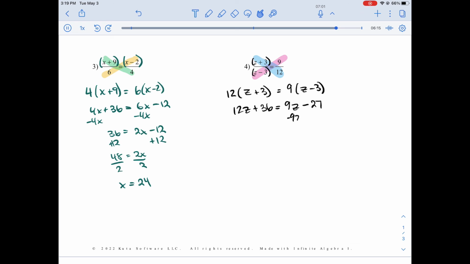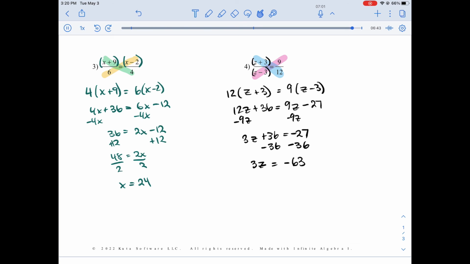Let's move our 9z over. We get 3z plus 36 equals negative 27. Subtract 36. We get negative 27 minus 36 is negative 63.